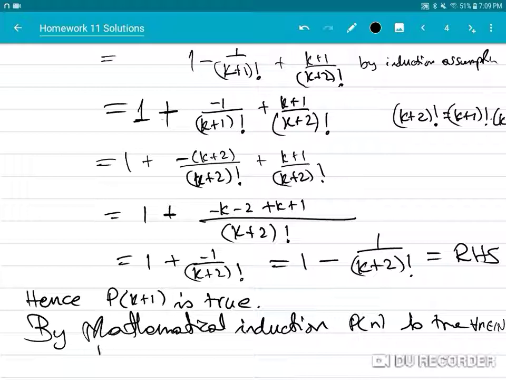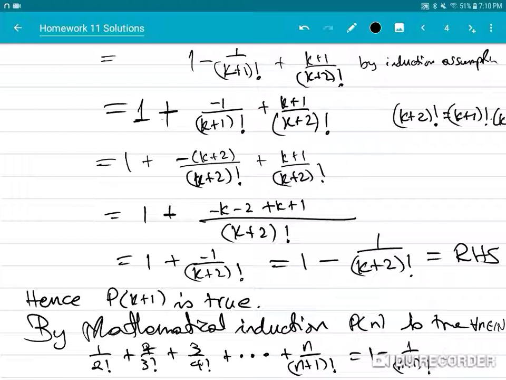That means that 1 over 2 factorial plus 2 over 3 factorial plus 3 over 4 factorial plus ... plus n over n plus 1 factorial is 1 minus 1 over n plus 1 factorial for all n in the natural numbers. All right.